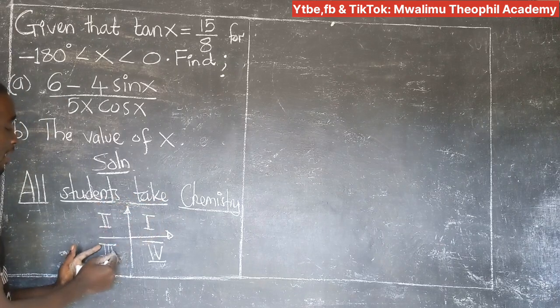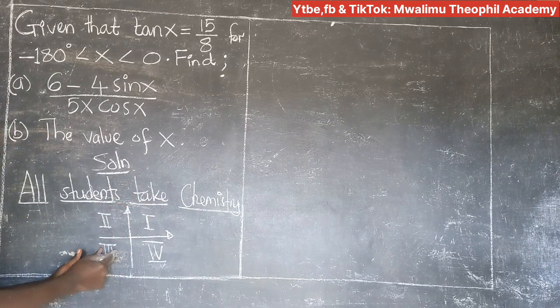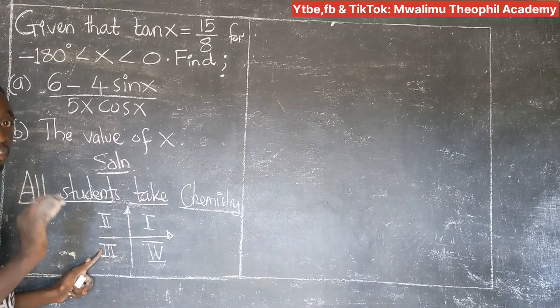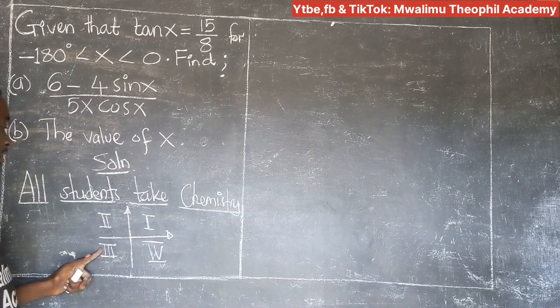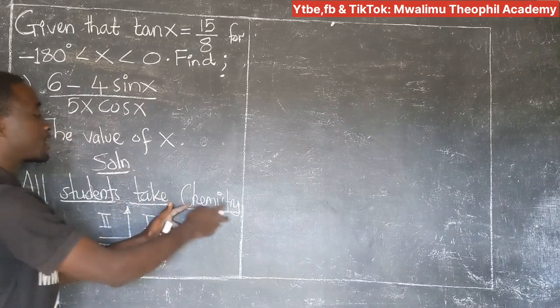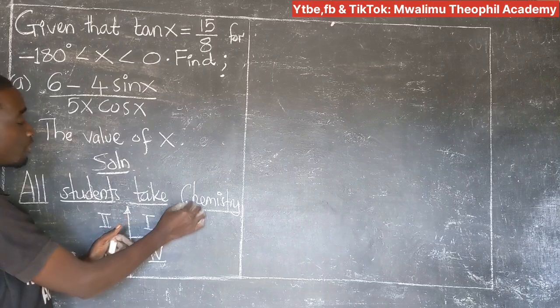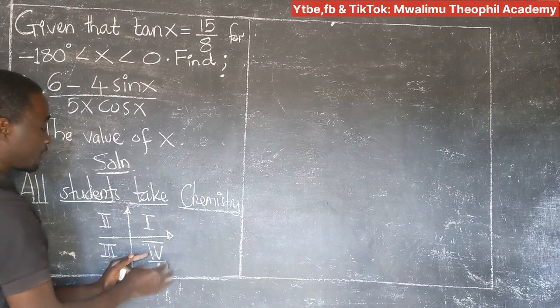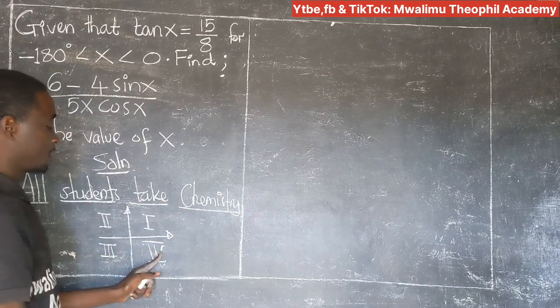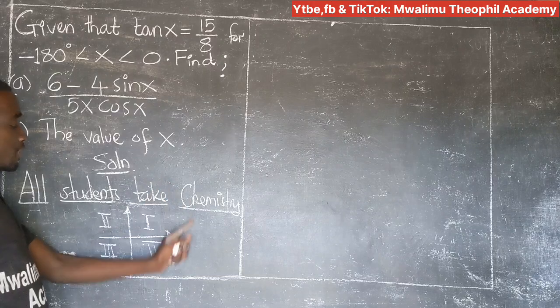Tangent is represented by the third quadrant. It means in the third quadrant, only tangent is positive, while cosine and sine are negative. Chemistry starts with the C. C represents cosine. It means that in the fourth quadrant only cosine will be positive, while sine and tangent will be negative.